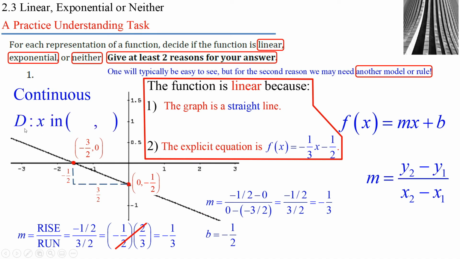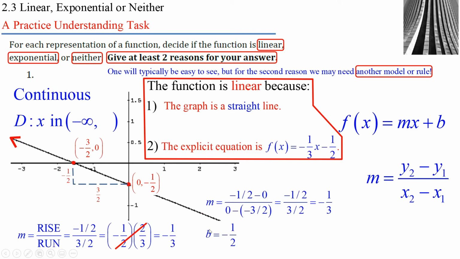So the domain, D, is x is in, and notice how I use parentheses for my interval notation. Now, they don't typically put arrows on both ends of a line, but those are implied. So this implies that this graph is going to go on forever to the left, which means I'm approaching negative infinity. And because I can never reach negative infinity, I use a parenthesis right there.